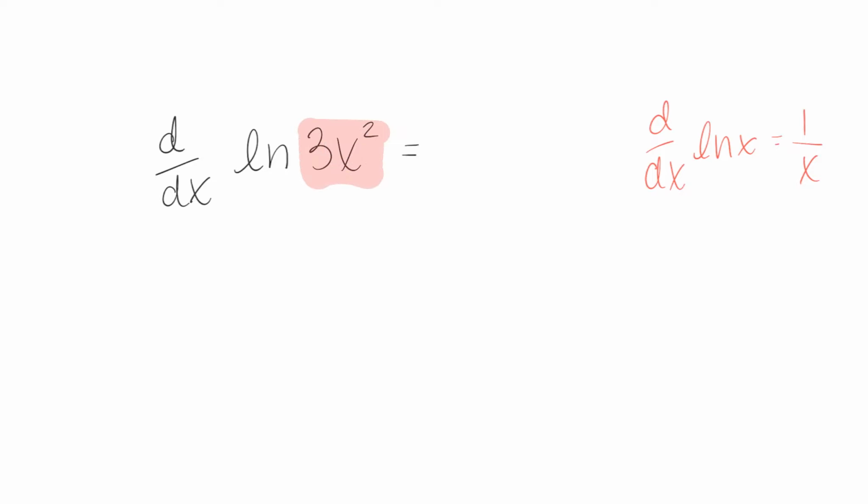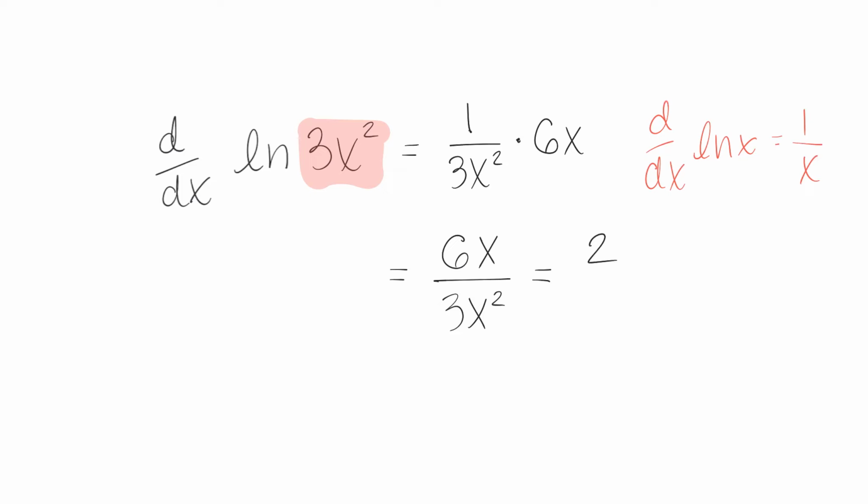So the derivative is going to be 1 over 3x squared times f prime of x, which is 6x. Multiply that through, and we have 6x over 3x squared. Simplify, and we're going to end up with a 2 over x.